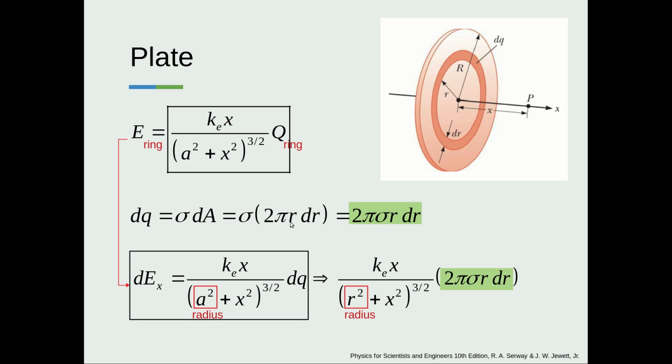This is 2 pi r dr. 2 pi r is the length of your circle, and dr is the distance, like this one here. The distance right here is dr, and if you multiply your dr with the length of your circle, then you get the area.